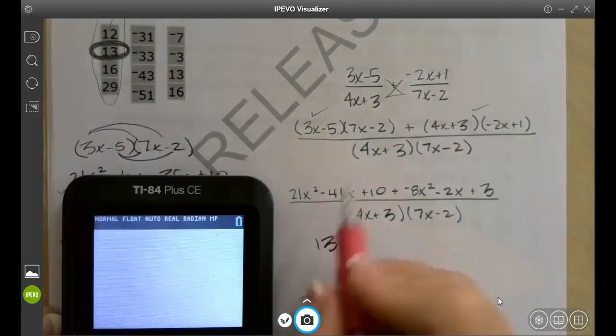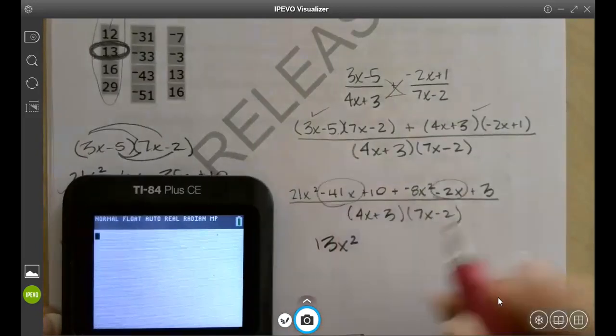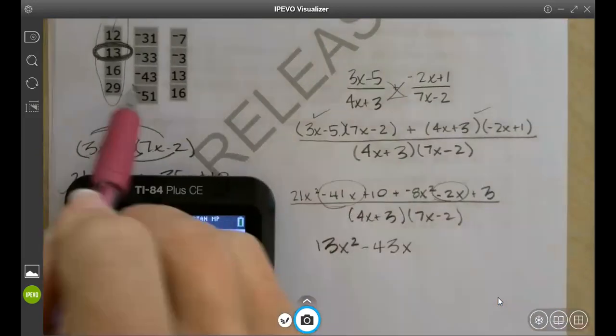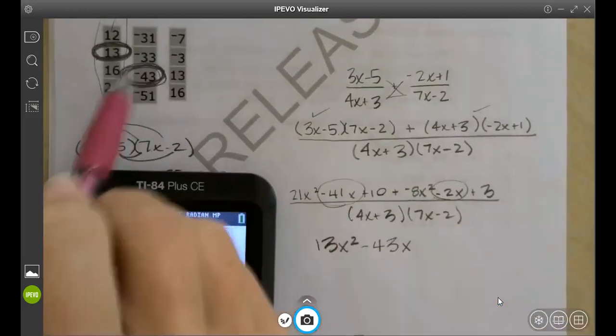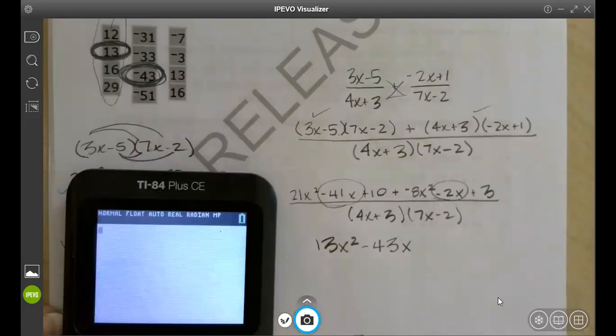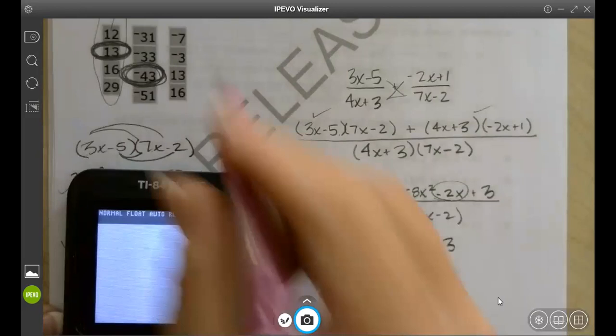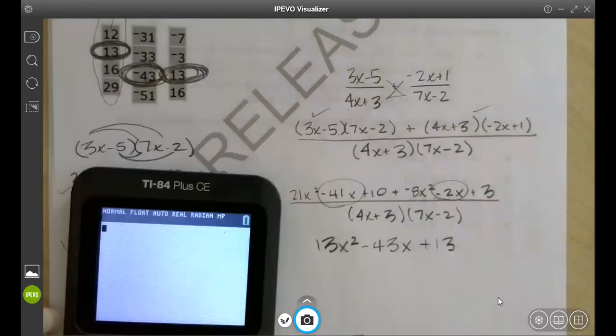We have a negative 41 and a negative 2, which makes negative 43x. And then the last one, 10 plus 3 is 13. So you would drag those to the boxes. And that is it. So it looked a mess, but it wasn't bad. Just a lot of multiplying.